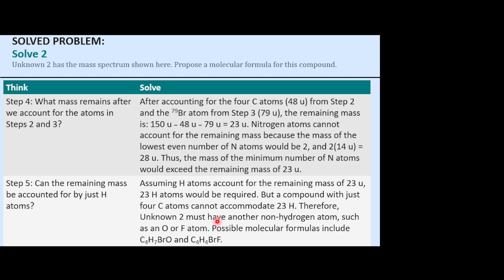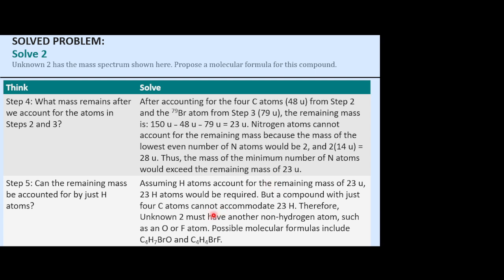Fluorine, on the other hand, what's the mass of fluorine? 19. That's an odd mass, but what happens when you put a fluorine on? You replace the hydrogen, don't you? And so effectively, a fluorine is a hydrogen with plus 18 mass now. So you still end up with even.